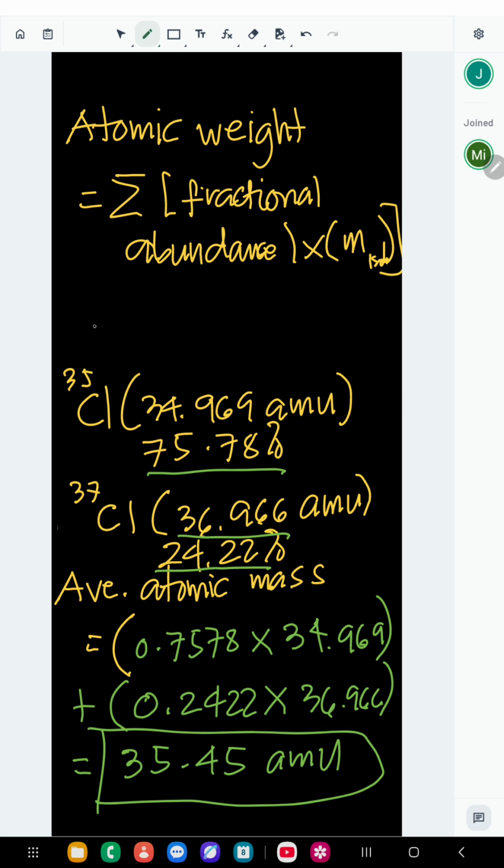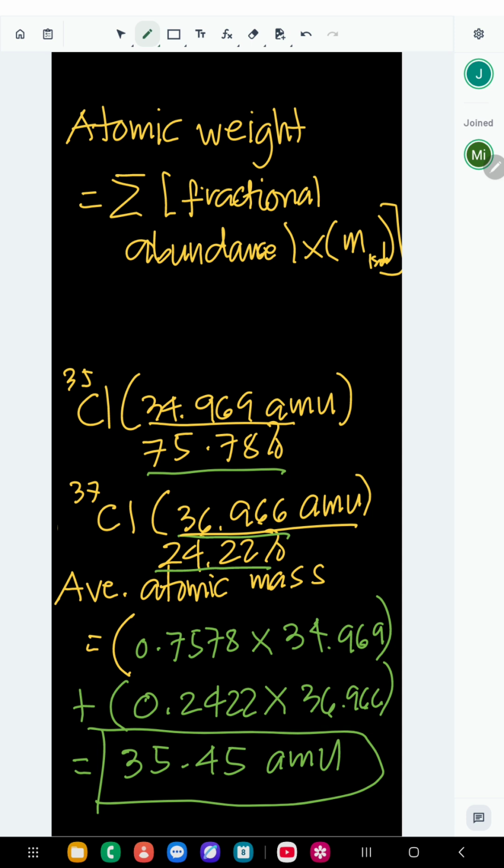In this case, we have two isotopes for chlorine, chlorine 35 and chlorine 37. Chlorine 35 has a percent abundance of 75.78%, while chlorine 37 is 24.22%. That means chlorine 35 is more abundant than chlorine 37. Then these are the individual masses of each of the isotopes.